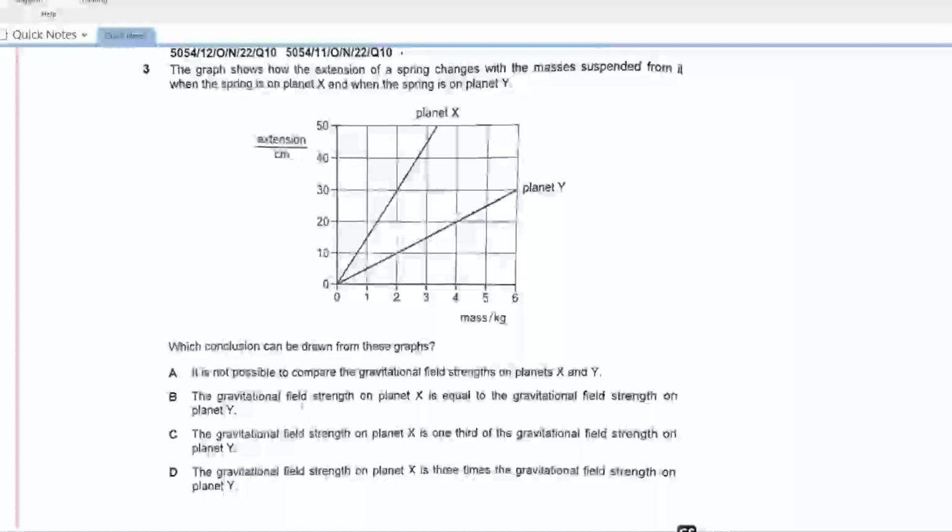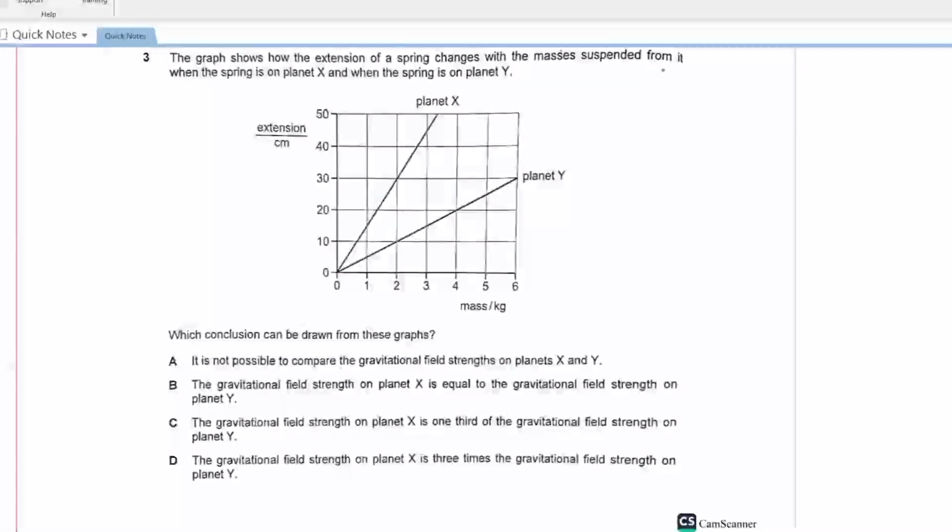The graph shows how the extension of a spring changes with masses suspended from the spring when it is on planet X and when it is on planet Y. So these are mass versus extension graphs for planet X and planet Y. What conclusion can be drawn from these graphs?